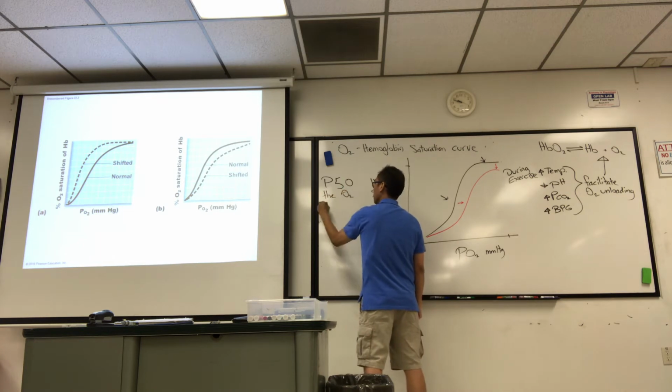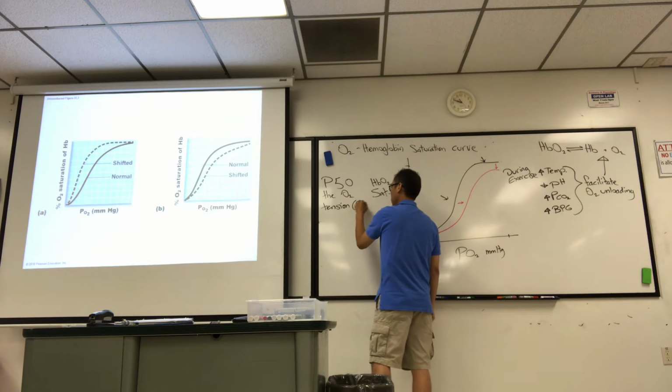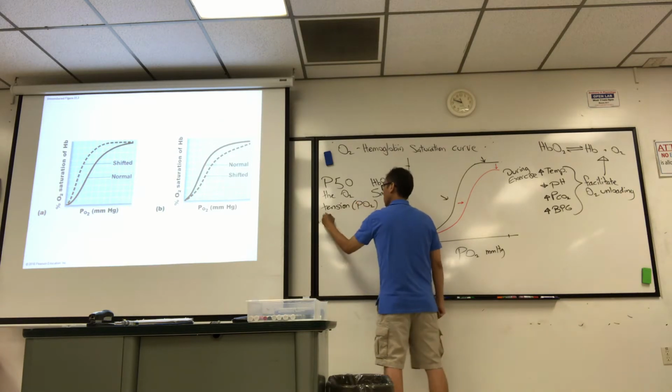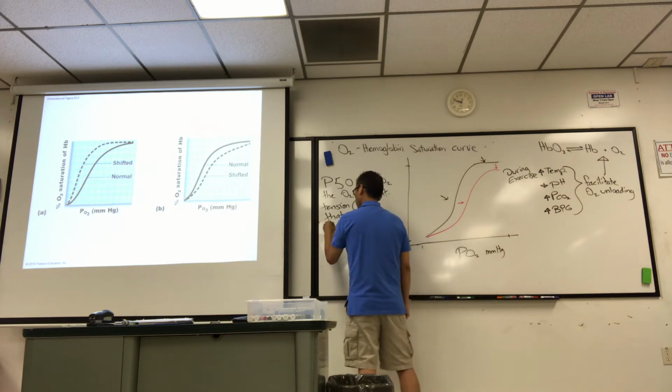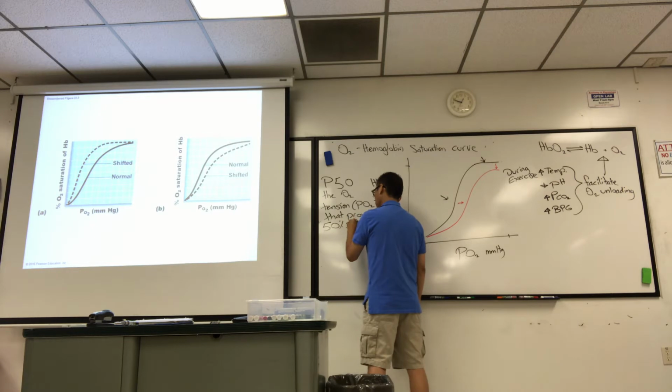The oxygen tension, we've been calling that PO2, that provides 50% saturation.